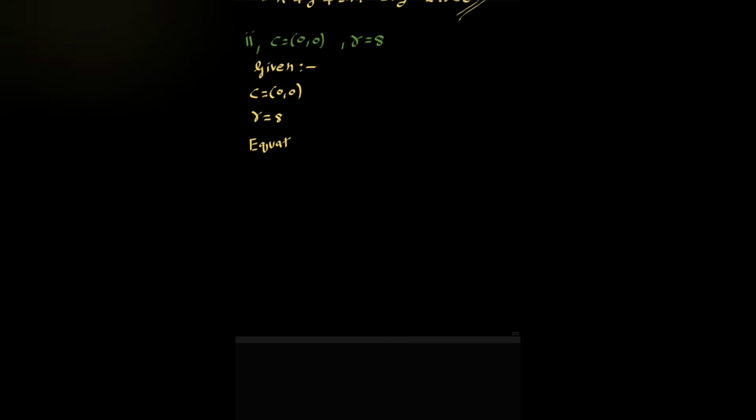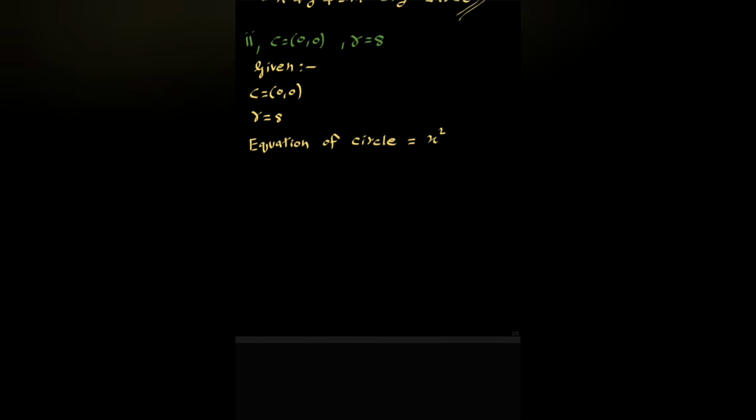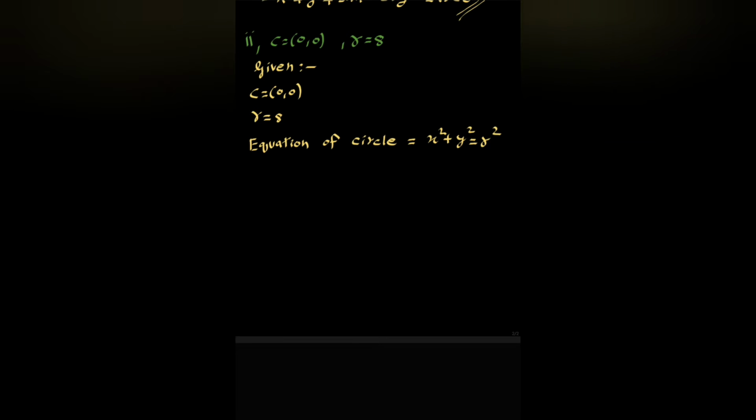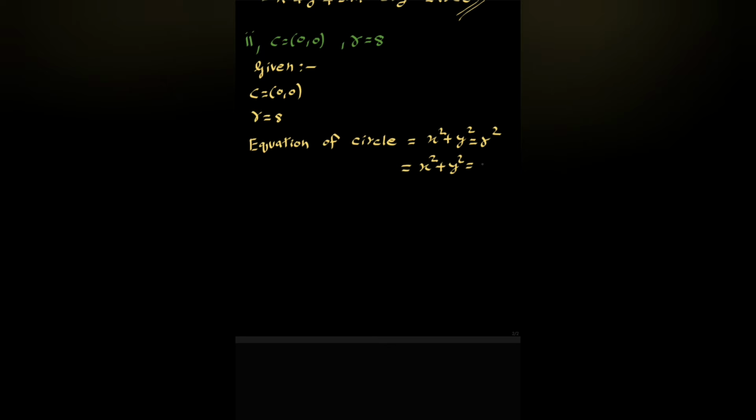equation of circle is x square plus y square equal to r square. So if you substitute r, then we get x square plus y square equal to 8 whole square.